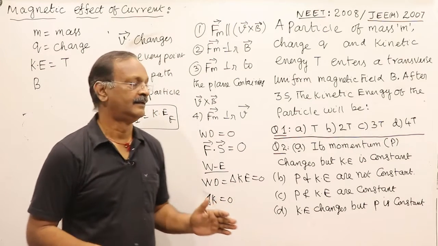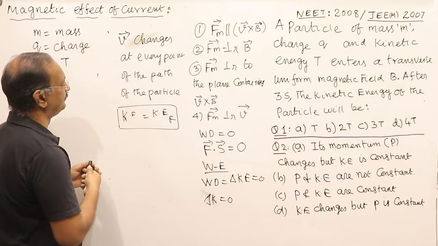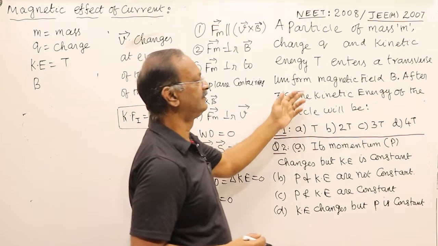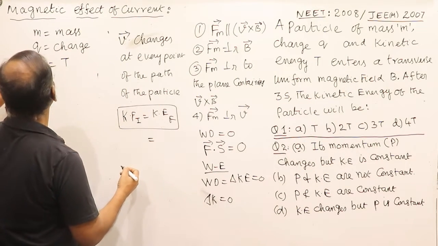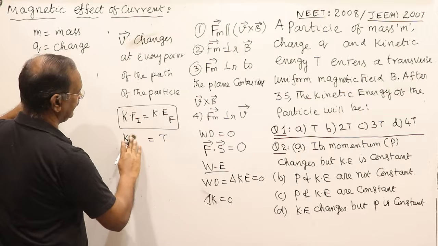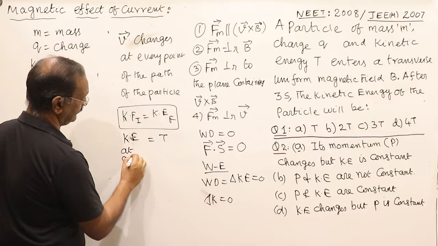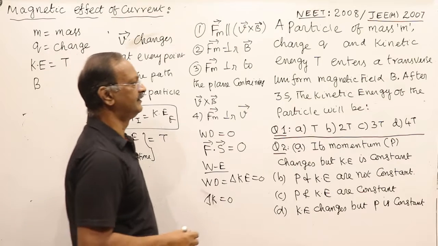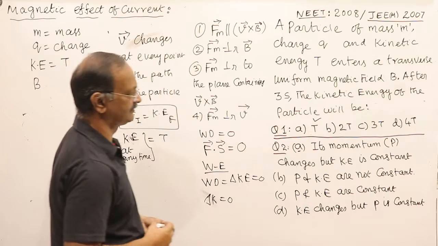After 3 seconds also the kinetic energy will remain the same. The initial kinetic energy is given as T, so that will be the kinetic energy at any time. This is the answer for the first question.